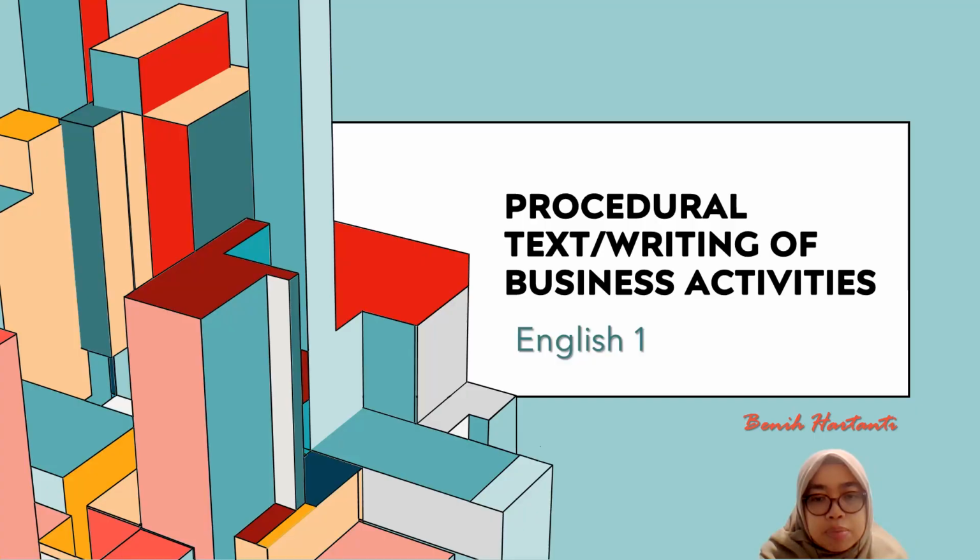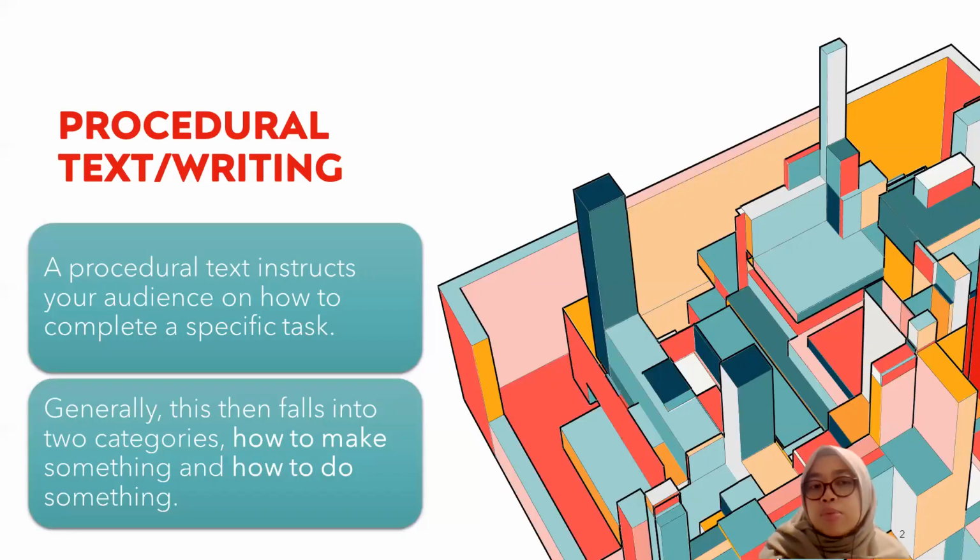Okay, so what is a procedural text or writing? Basically, it's about text and writings to instruct your audience to complete a specific task. Jadi ini saya ngomong bahasa Inggris ya dari tadi. Oke, jadi ini seperti judulnya, as you may have known.